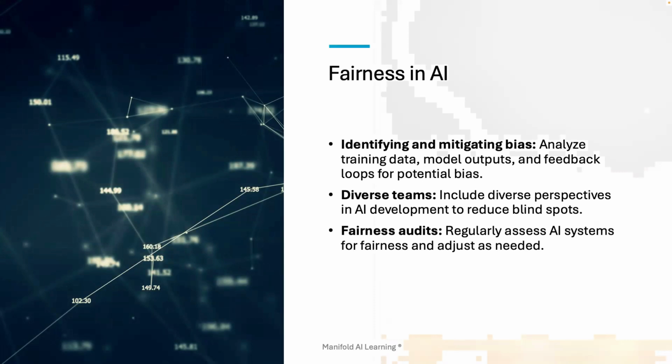That means whenever we are preparing the data set for training our model, we always analyze such training data, and we also look into the model outputs. When we send in some test data, we try to understand whether we are seeing any pattern in the model output as well. Even though it might not be part of our training data set, maybe it has learned during the training. So we want to analyze the model output as well.